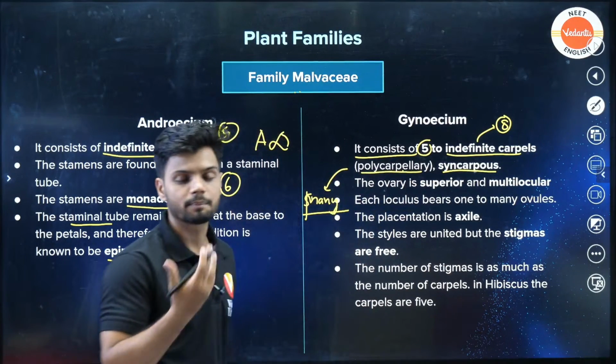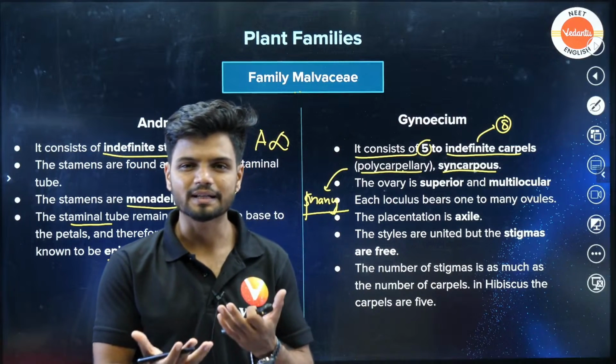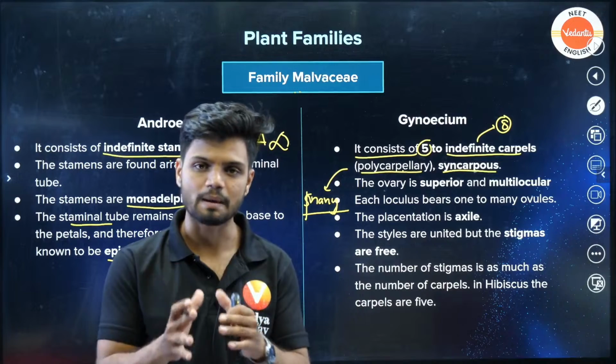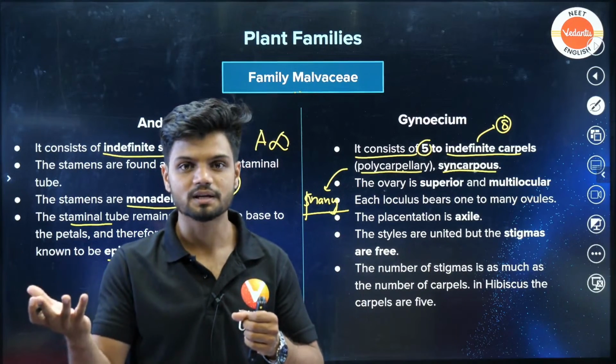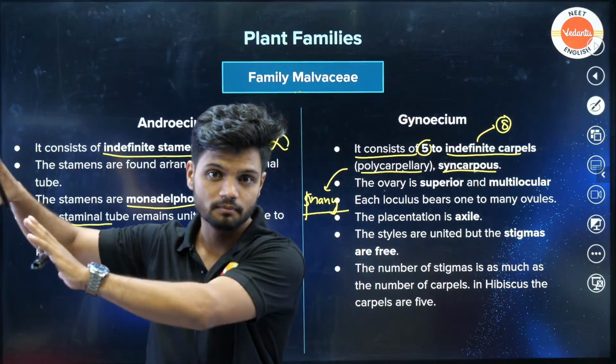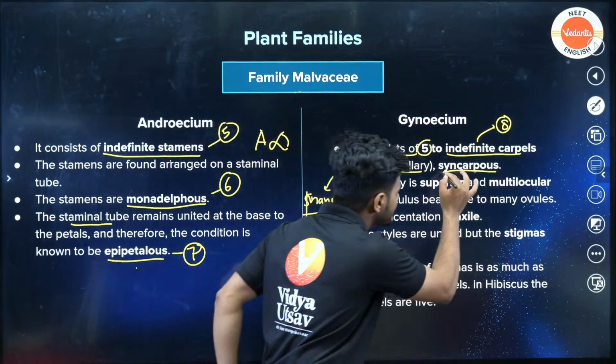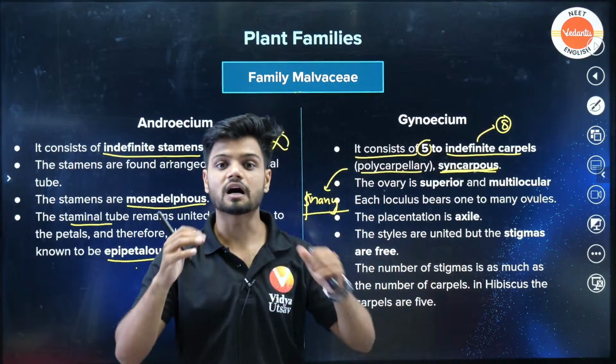Polycarpellary means many carpels. A lot of students usually get confused between, remember we have gamosepalous, polysepalous. One is gamo means fused sepals, poly means free sepals. That is a different concept altogether. But here polycarpellary means many carpels. Syncarpous means the carpels are fused.